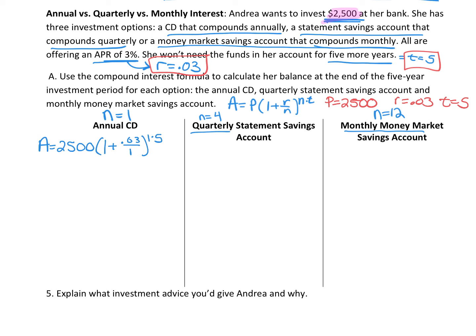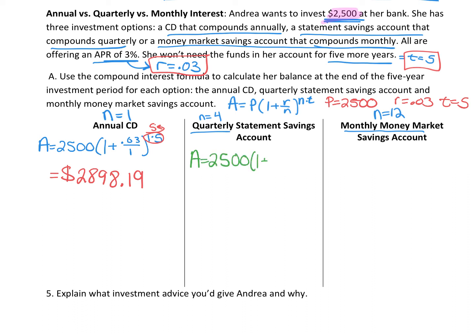So again, I'm going to do 1 times 5, so this becomes the 5th power, and then I'm going to type that in my calculator. So 2,500 times 1 plus 0.03 divided by 1 to the 5th power. And I'm going to get $2,898.19.